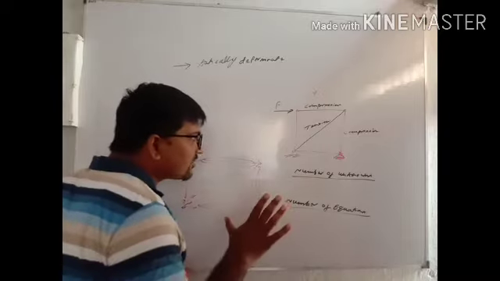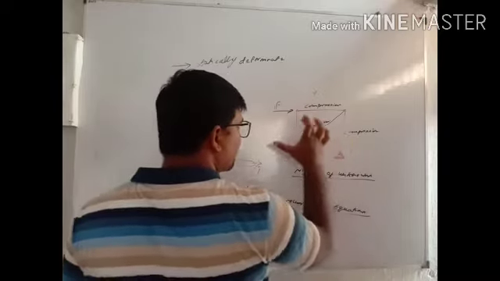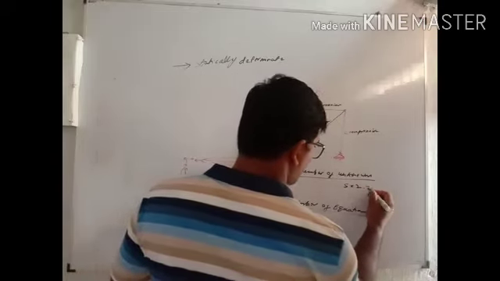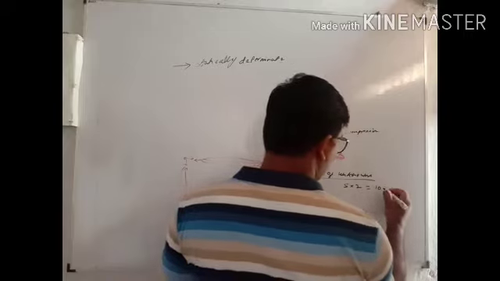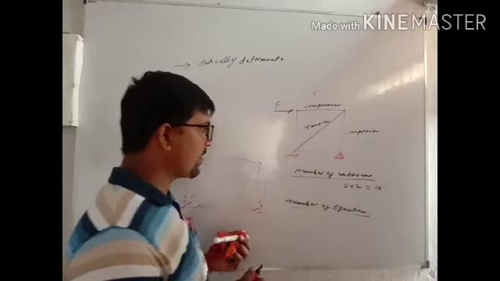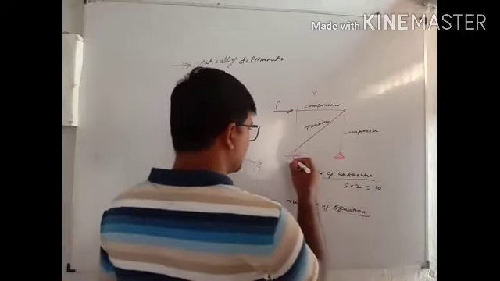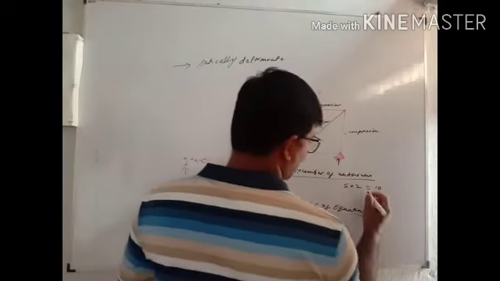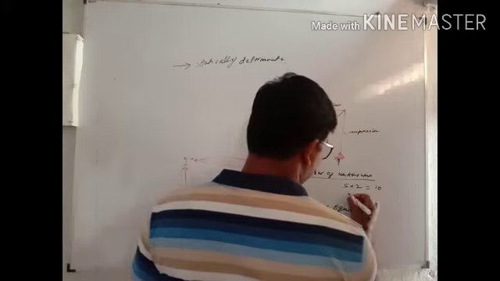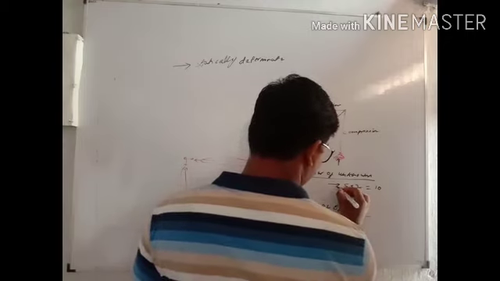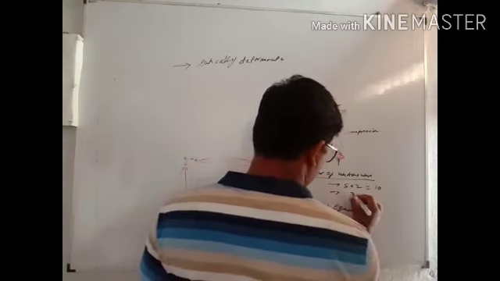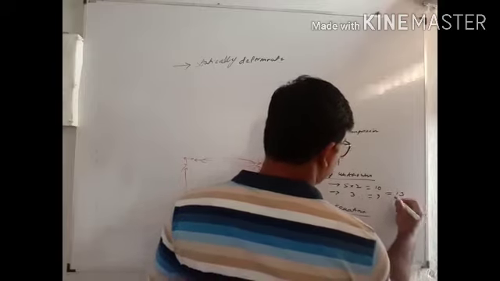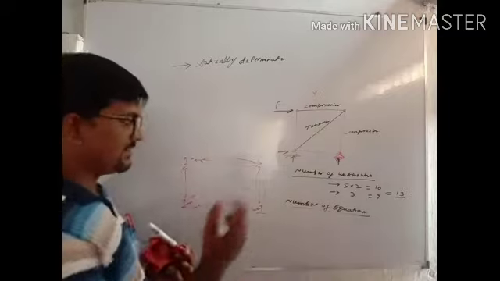How many members do we have? 1, 2, 3, 4, 5. So 5 into 2. So there are 10 unknowns, and 3 for the reactions, this and this. So the total will be 13, we can say by seeing this.